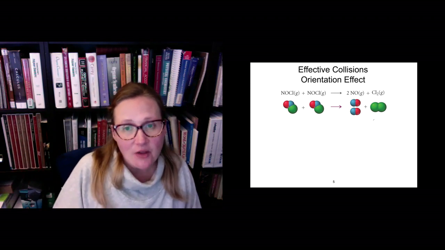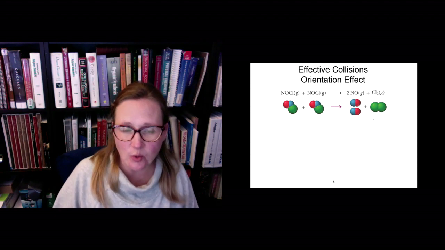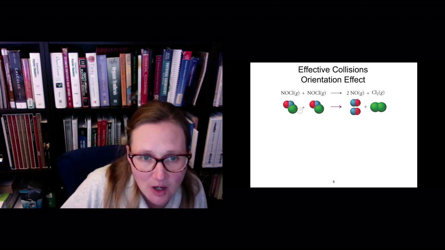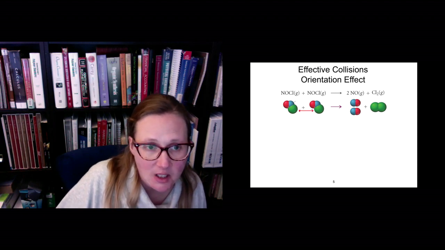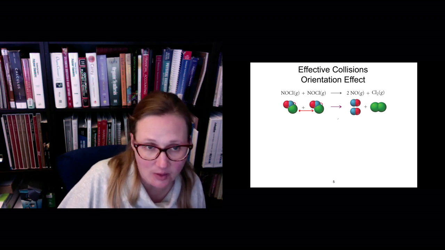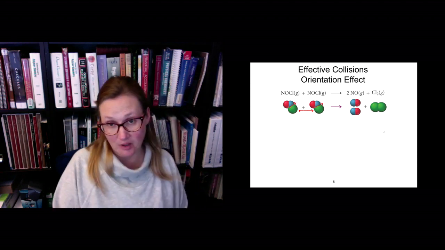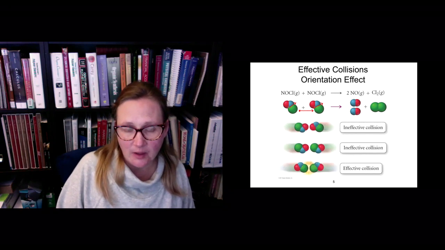The other thing we have to think about is the orientation. We want the chlorine molecule to form, and we want the nitrogen-chlorine bond to break. We want to break this bond and form the chlorine bond. So what kind of orientation do we need?